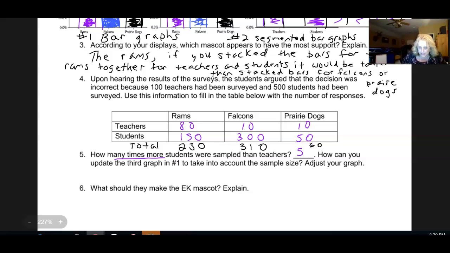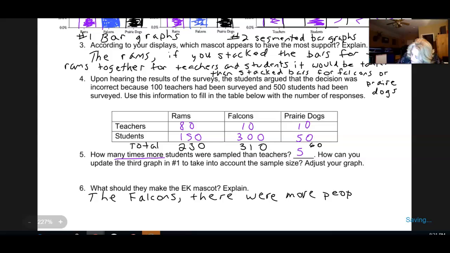And so we would say the Falcons, there were more people who chose Falcons.